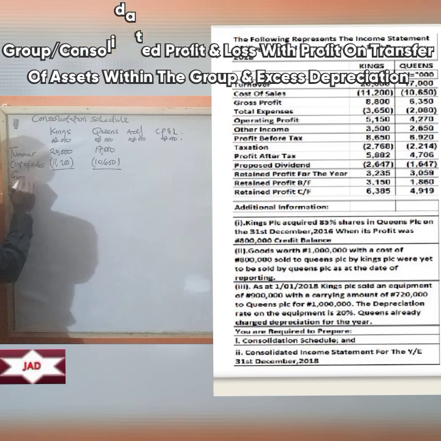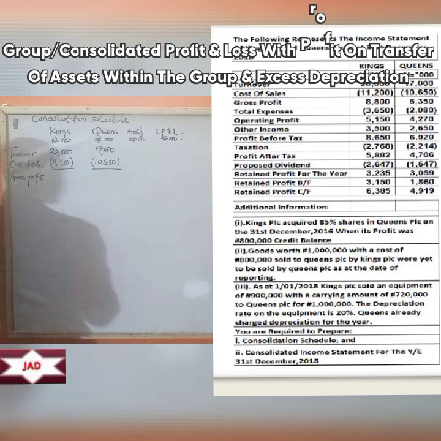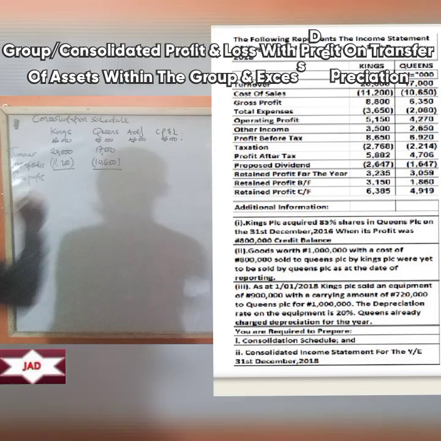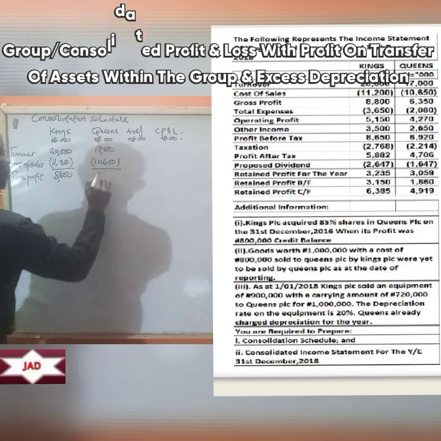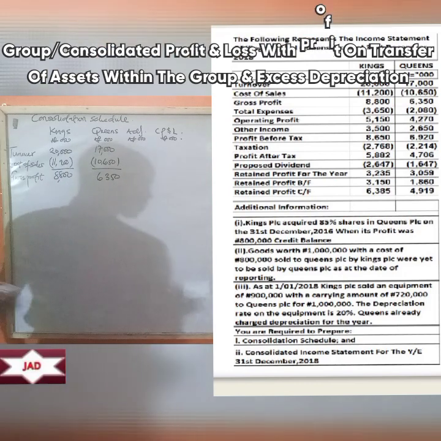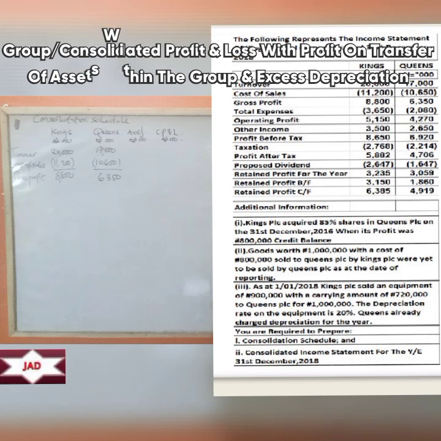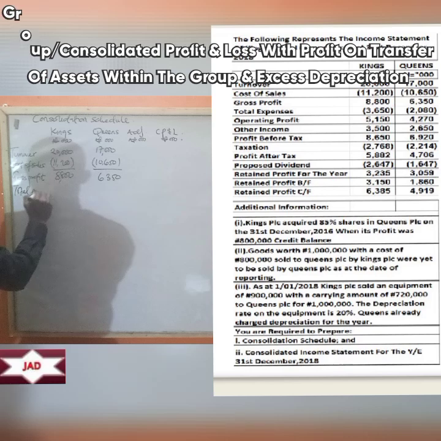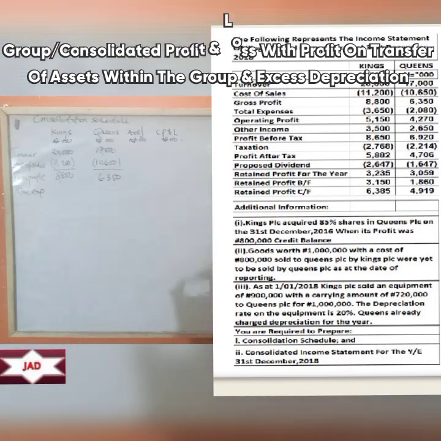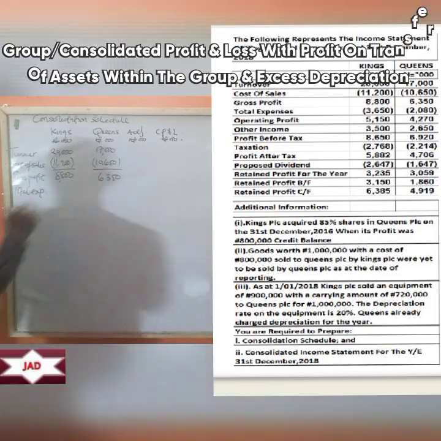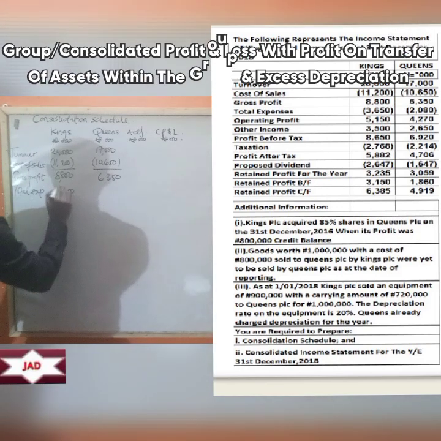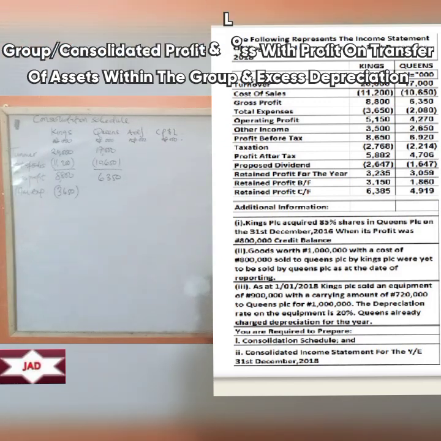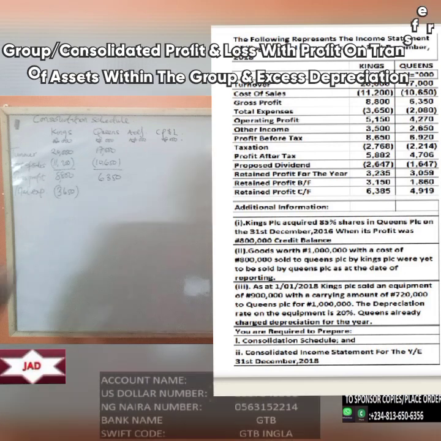So this is our gross profit. What's the gross profit? 8,800, 6,350. And we have total expenses there. What's total expenses there? 3,650. What do we have? 2,080.